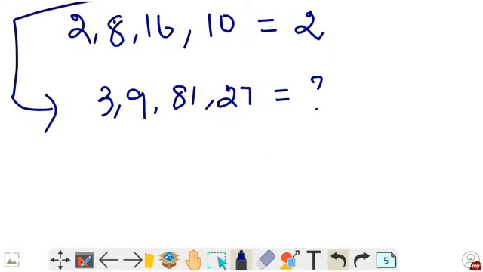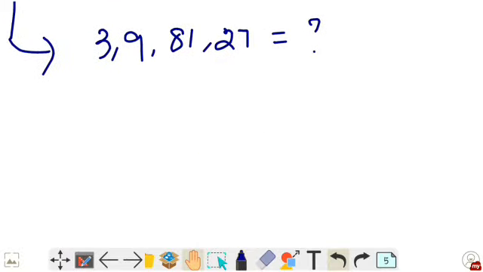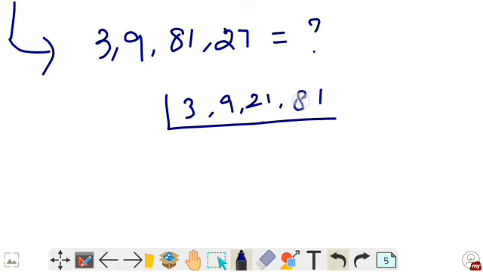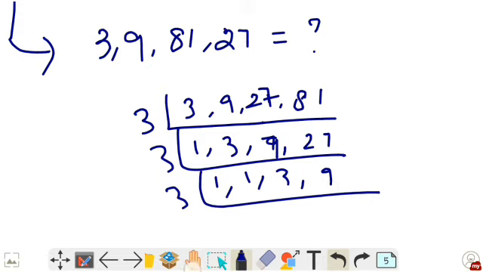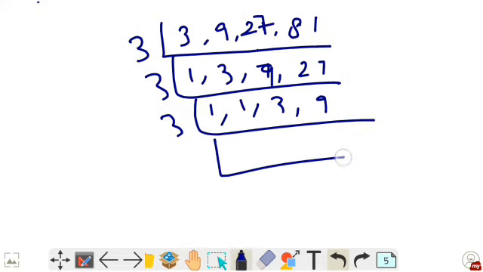We find the LCM using the division method: 3, 9, 81, 27. Dividing by 3 again and again, we get 3, 1, 1, 1, 1.